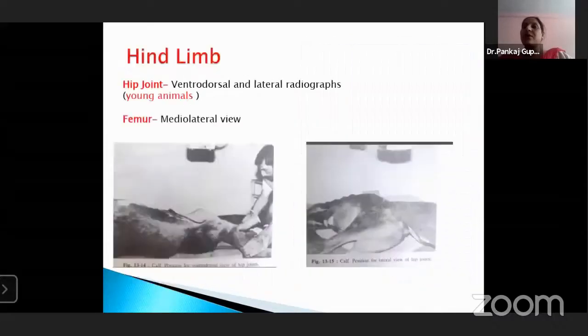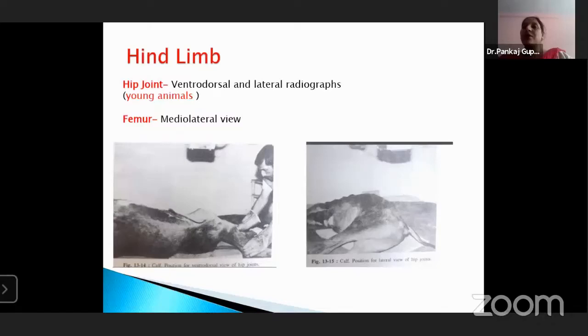Now for the hind limbs, normally the radiography of hip and femur is not done in case of large animals, but we can do the lateral as well as VD radiography in small calves or in small ruminants. For the radiography of hip joint, we need to place the animal in ventrodorsal recumbency.